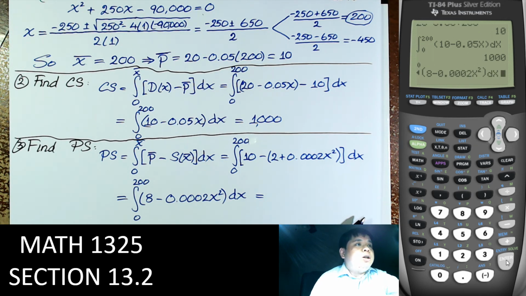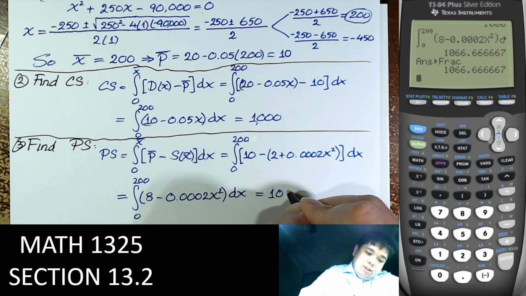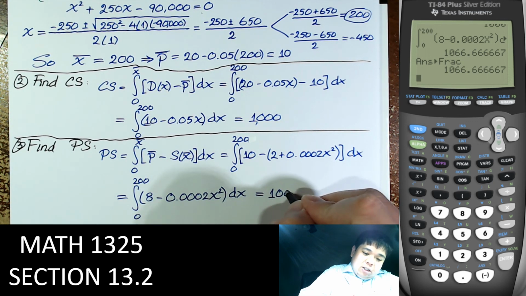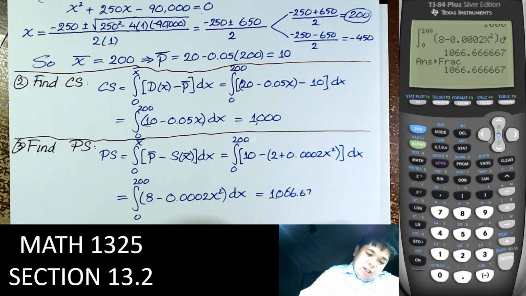Just put it in the calculator. Can we have a fraction from here? Nope, so I guess 1066.67. That's good enough.